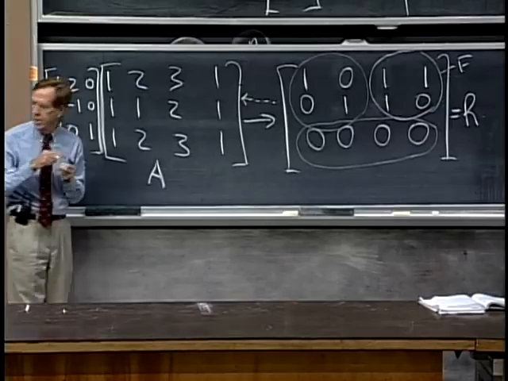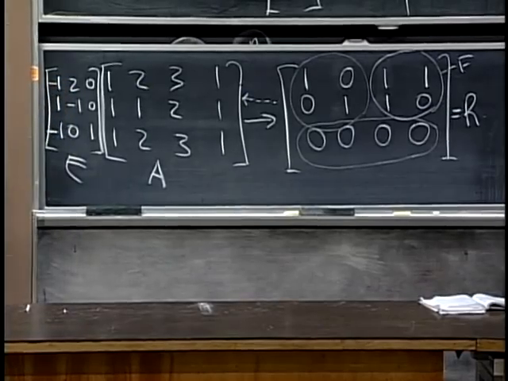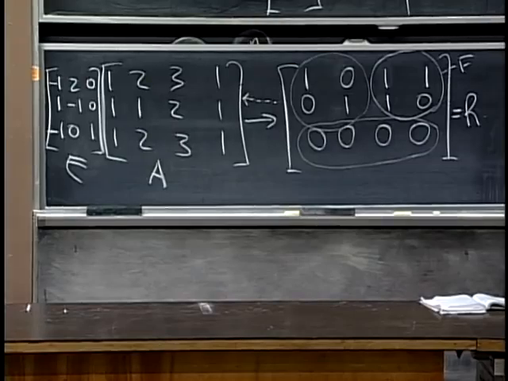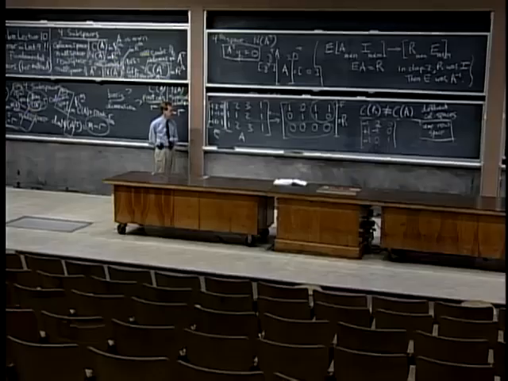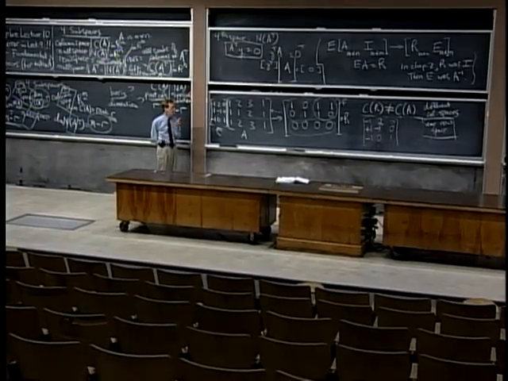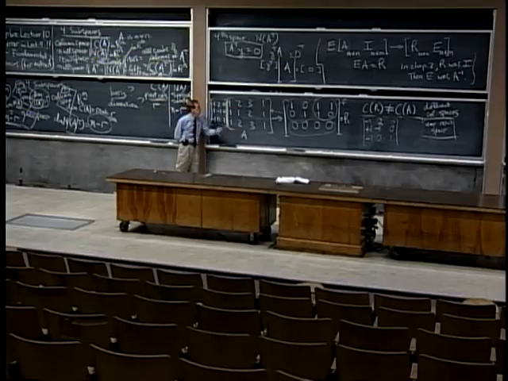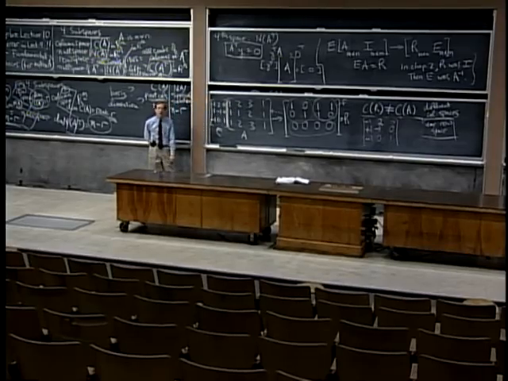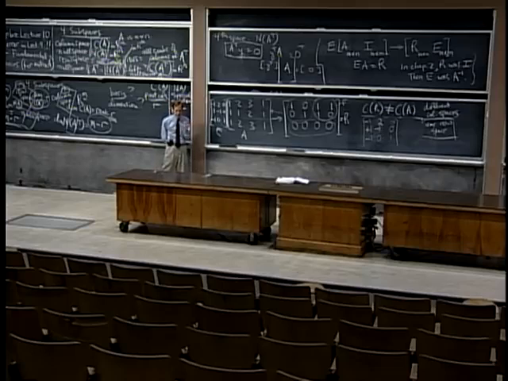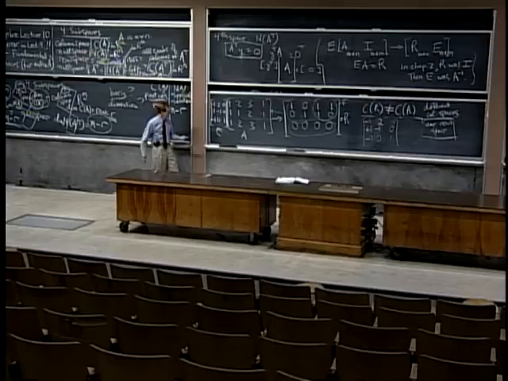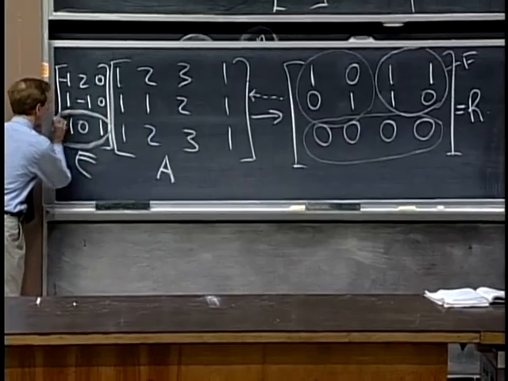And the dimension of the left null space is supposed to be m minus r, 3 minus 2, 1. I believe that the left null space is one-dimensional. There is one combination of those 3 rows that produces the 0 row. A basis for the left null space has only got one vector in it. And what is that vector? It's here in the last row of E.